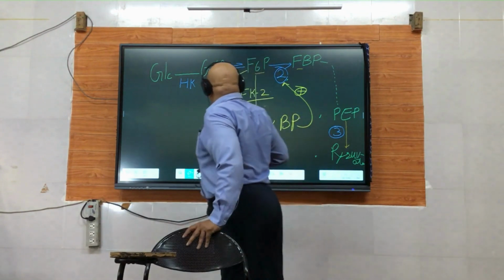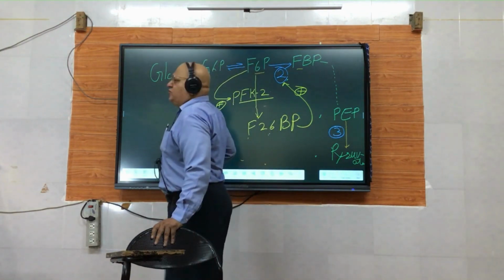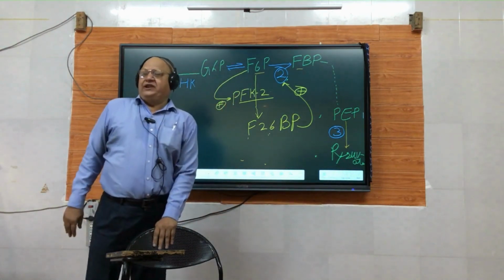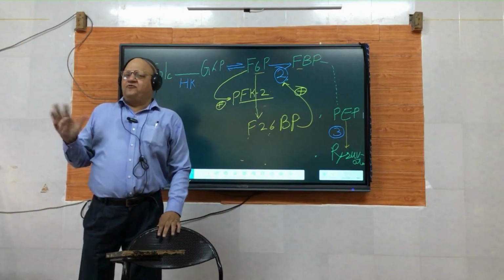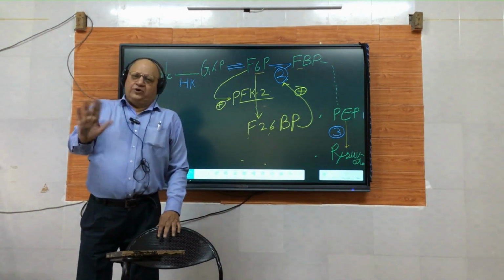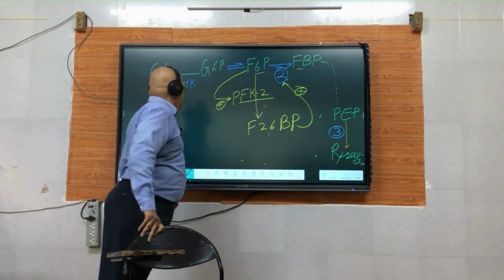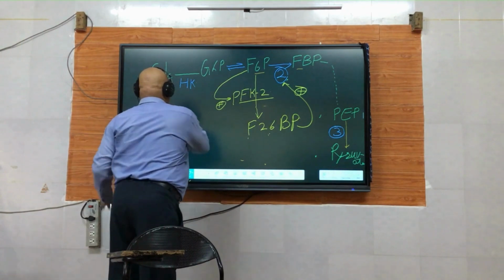So now we come to insulin. Now insulin is a stimulator of this enzyme PFK2. This is an example of covalent modulation. I'm not going to talk much about it. Insulin is stimulator of PFK2.